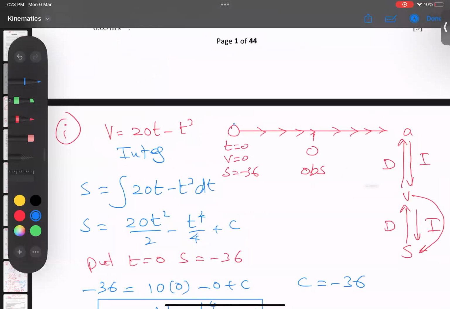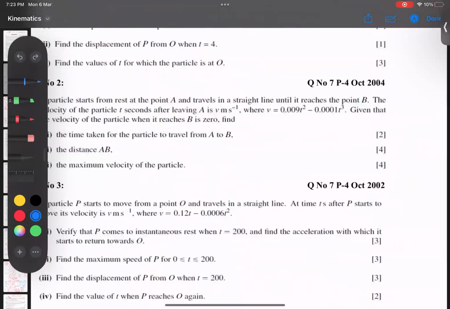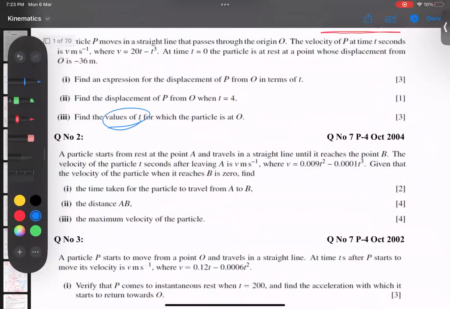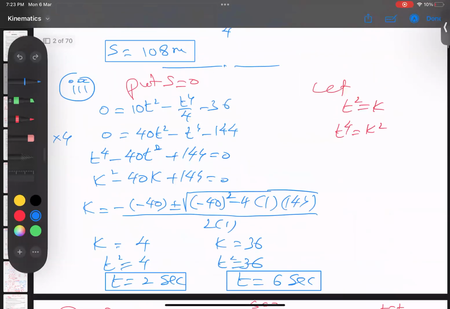First, it was traveling and reached the observer the first time at 2 seconds. Then it goes away, stops somewhere, and comes back again. That moment is 6 seconds. The question asked to find the values of time, so I got the two times where the displacement is equal to 0.